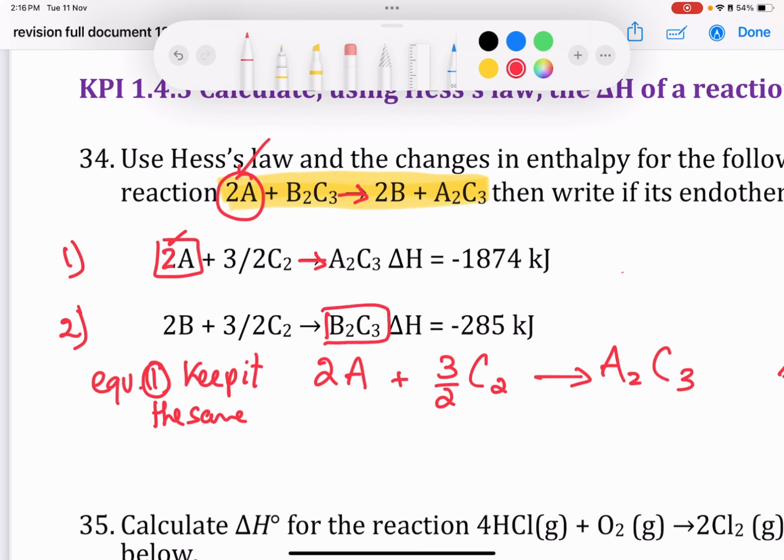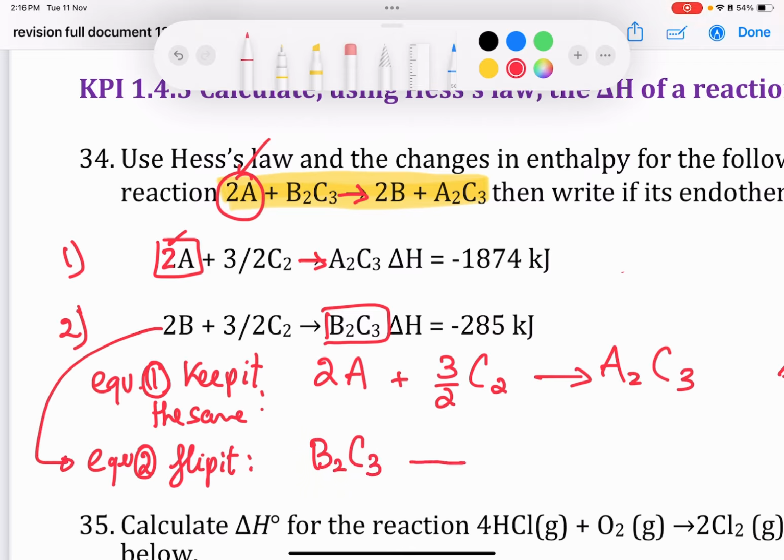Okay, but I want B2C3 on the reactant side, and in 2 it's not on the reactant side. So I will say that equation 2, flip it or reverse it. So B2C3, this one is going to become like that, giving 2B and 3/2 C2.